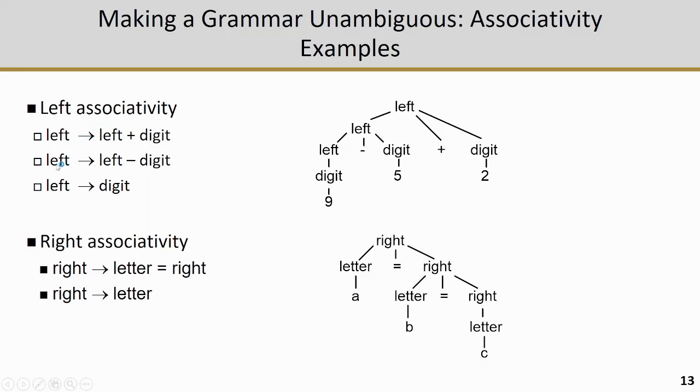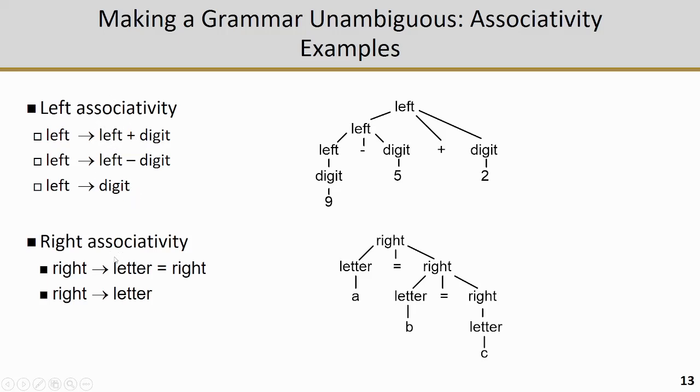And similarly, here we have another rule where we have the same symbol as the leftmost symbol of the right-hand side, which is on the left-hand side. So it is recursive because the right-hand side contains the same symbol as the left-hand side of the rule, and left recursive because this symbol is the leftmost symbol on the right-hand side.